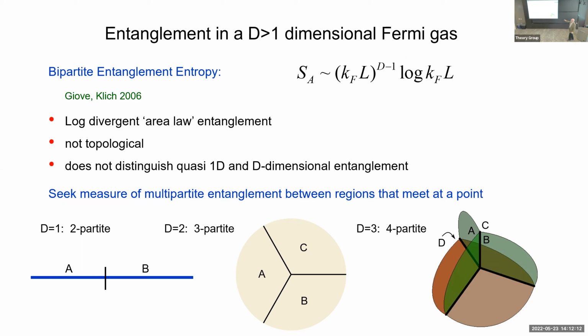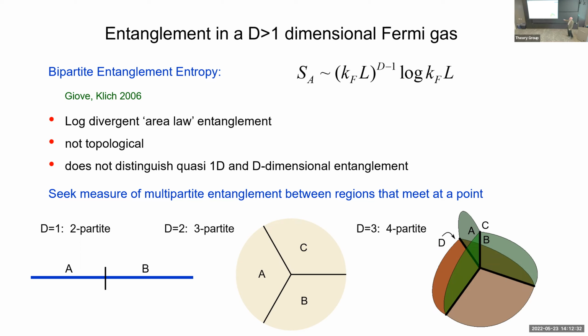So it's going to be this log times the number of one-dimensional modes in the Fermi surface, and that's just going to be k_F times L^(d-1). It's just the real space area times the projected area of the Fermi surface.